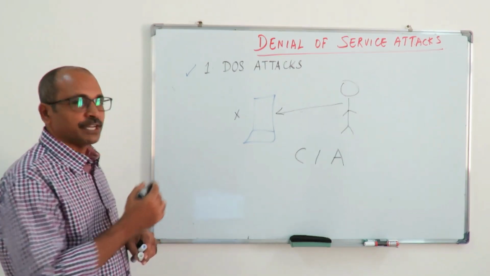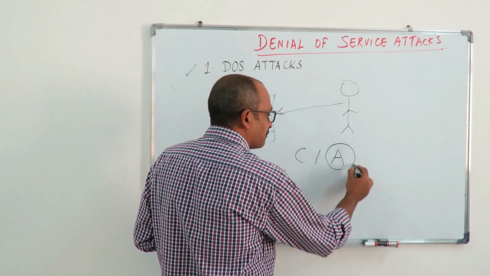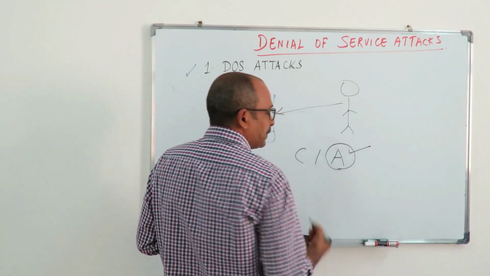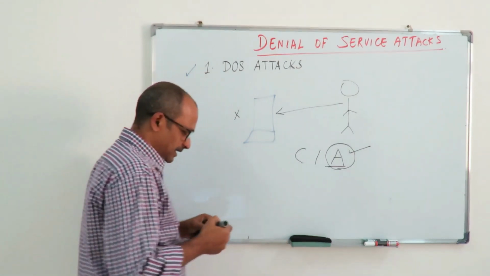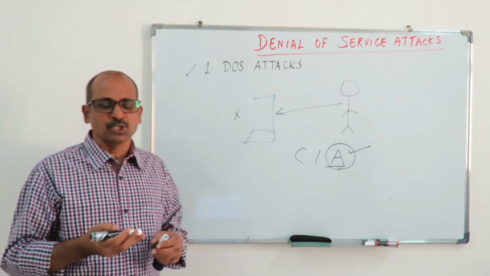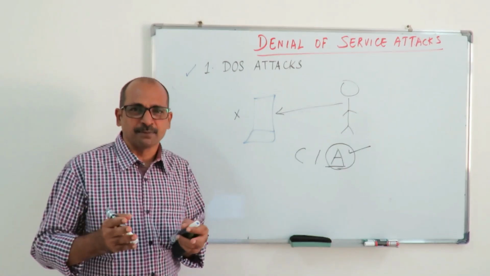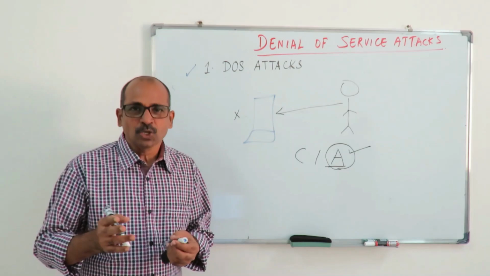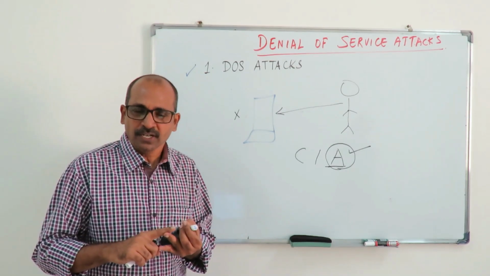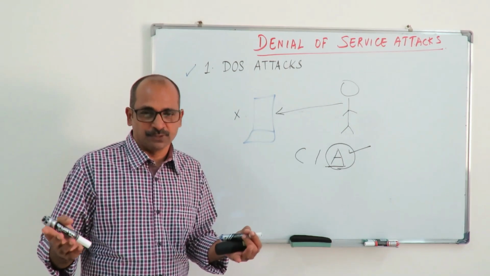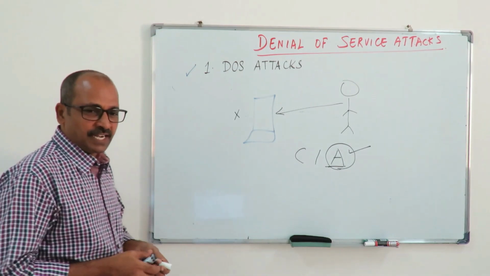Because of the denial of service attack, the availability of a system will be disturbed. To summarize, a denial of service attack is an explicit attempt by the attackers to stop the services or to disturb the availability of a particular machine, a service, a server, or any resource.